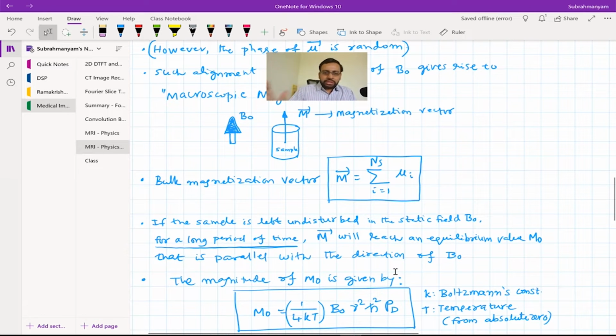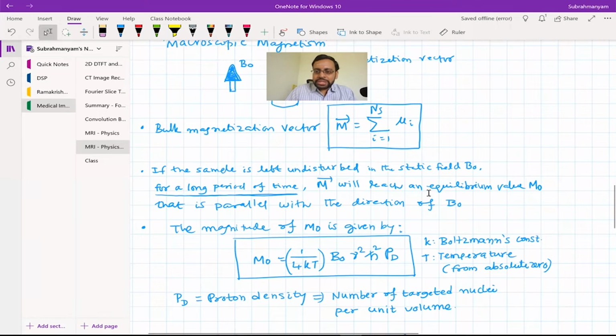So what can you know about what would happen to this magnetic field if the sample is left undisturbed in the static field B naught for a long period of time? Right now, just keep that word, long period, in your mind. What exactly is a long period, what is a short period, and how is it going to vary, we will see in the upcoming classes. Then M bar will reach an equilibrium value of M naught that is parallel with the direction of B naught.